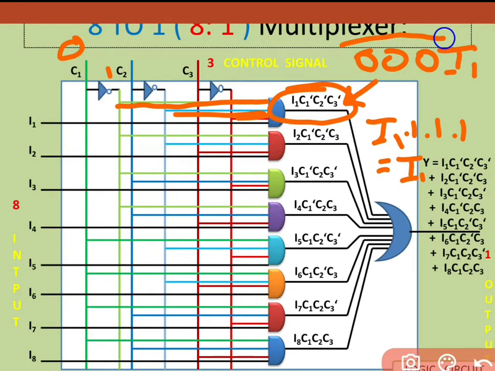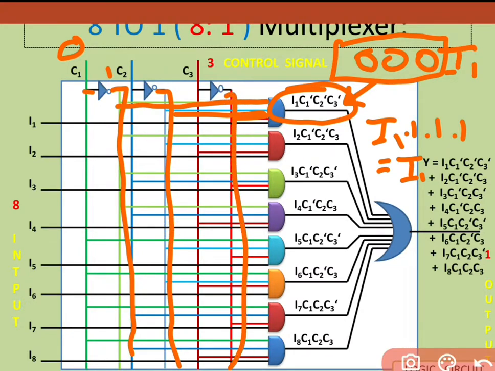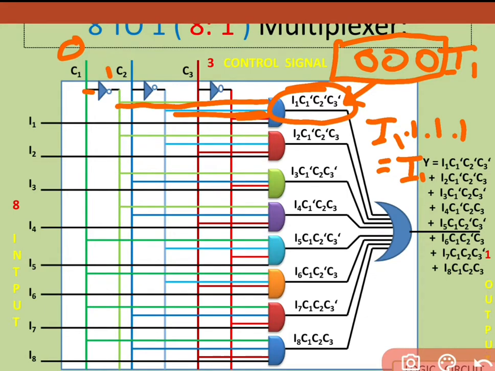When you provide the control signal 000, because of this logic circuit, 0 becomes 1. I told you, from a NOT gate, anything we pass becomes the opposite. Means when we pass 000, then from the NOT gate it becomes 111, and we forward it.